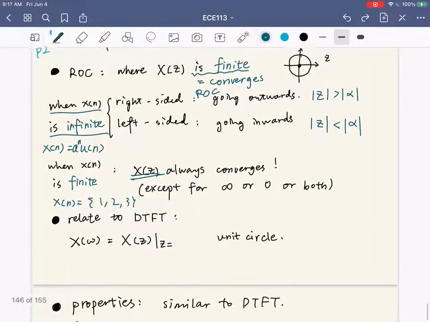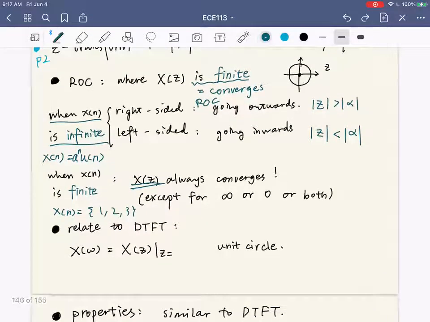Cool. Okay, let's continue. Then we come to the concept of how X(z) relates to the DTFT, which is X(omega). You can unmute yourself or answer silently, it doesn't matter. When z equals e to the j omega, which means z is on the unit circle, it is equivalent to the DTFT.